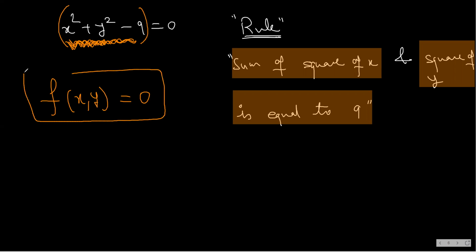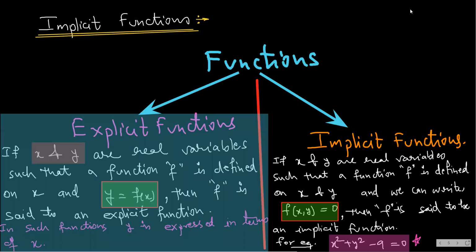Whenever you notice a function in the form f of xy equal to 0, it is known as an implicit function. In today's lecture, I will solve a few problems, and in lectures to come, you will notice there are plenty of implicit functions that we are going to deal with. So you may write this definition of implicit and explicit functions.